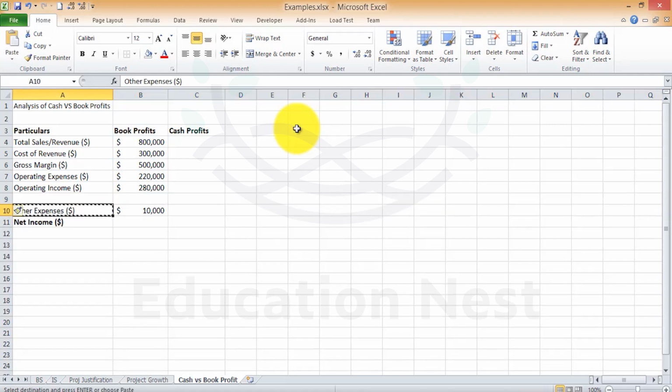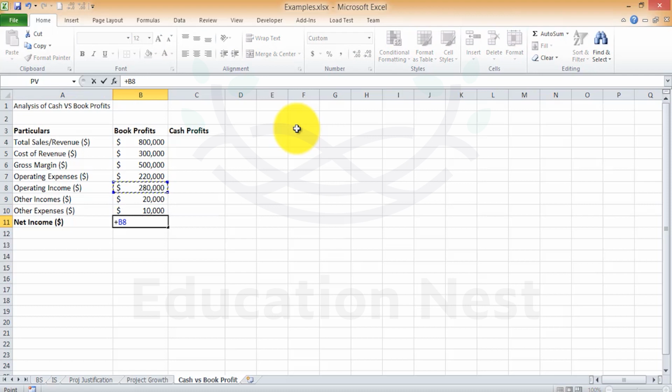I'll just put one more line item over here, which will be other income. Let's say this was $20,000. So now your net income is going to be operating income plus other income minus other expenses. That is $290,000. Okay, so this was based on the book profit.